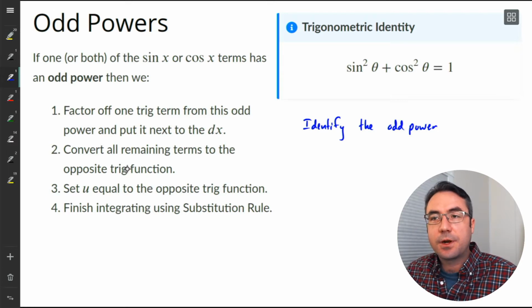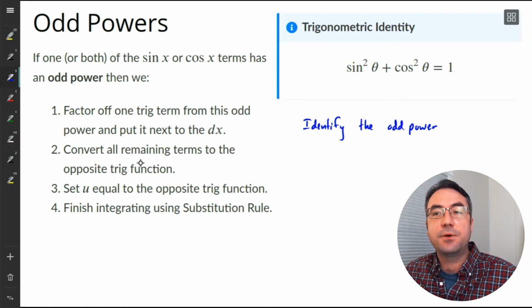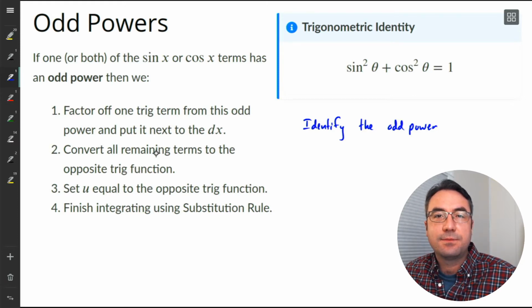Then we're going to have a whole bunch of trig terms left over. So step 2 is to convert all of those remaining terms into the opposite trig function. What do we mean by opposite trig function? Well, it's whichever trig function we didn't identify in step 1.